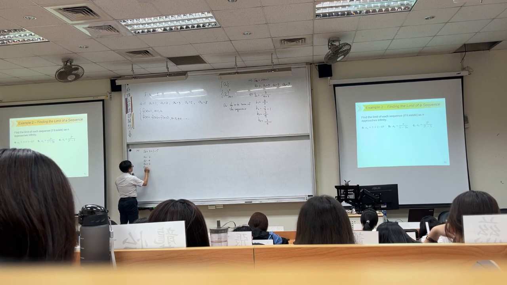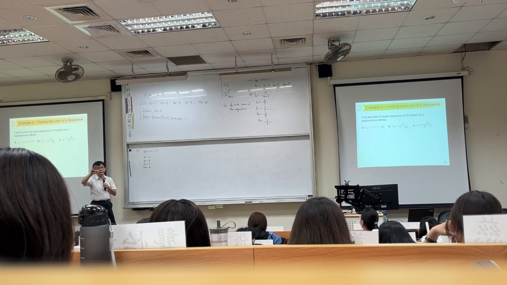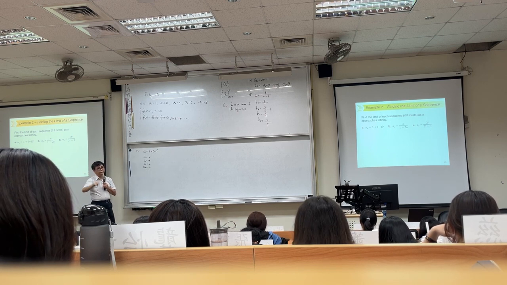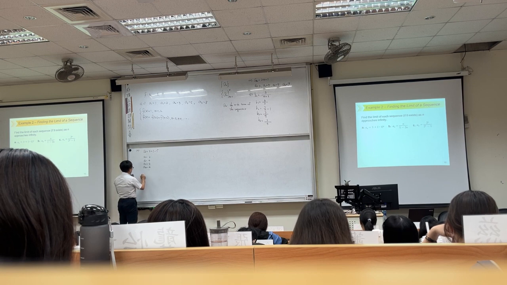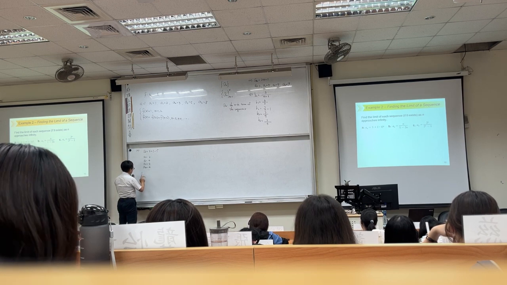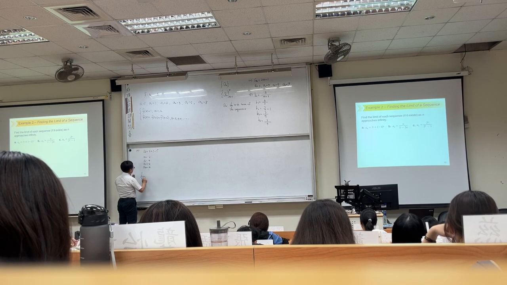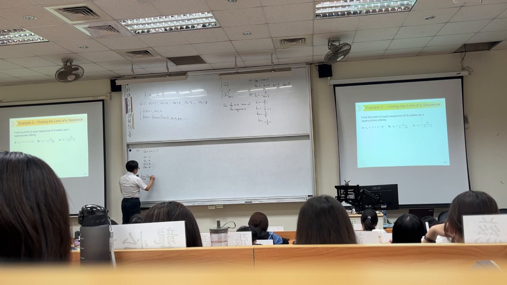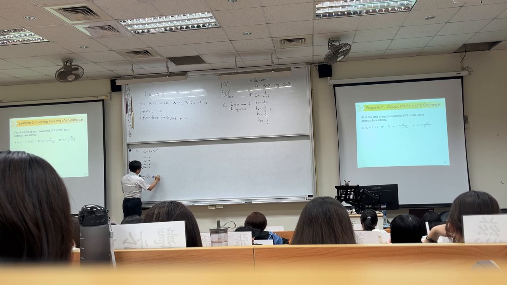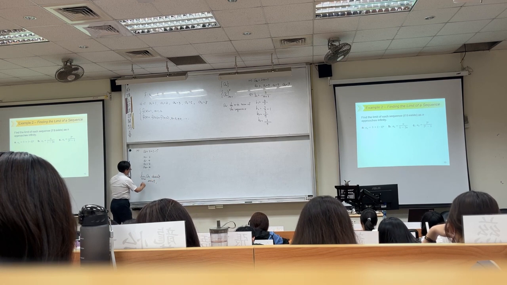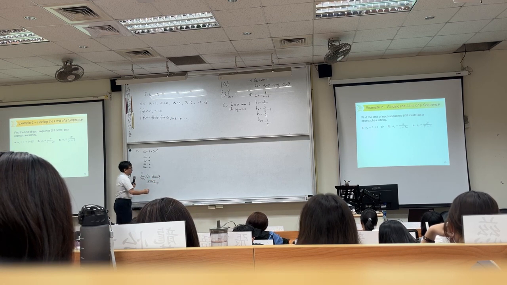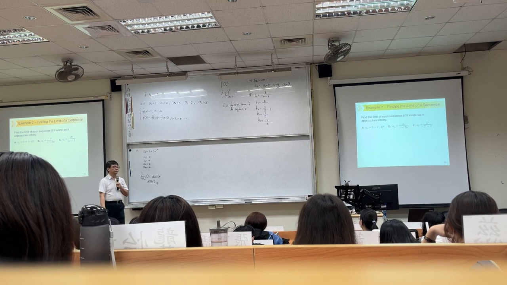And a4 equal to 4. So it alternates. So the limit as n goes to infinity, a_n does not exist, because it alternates.